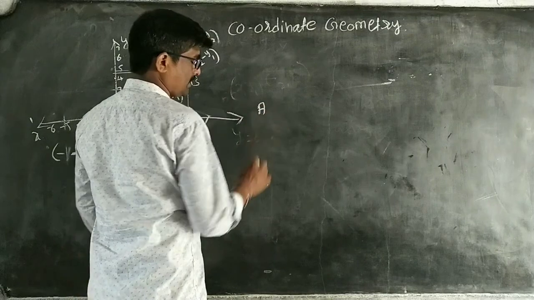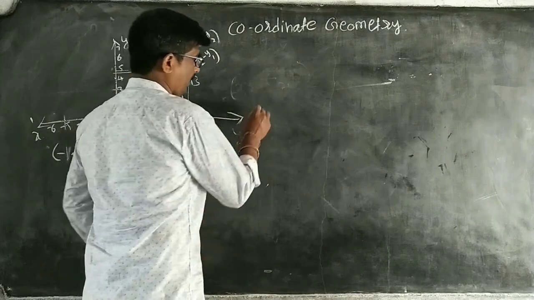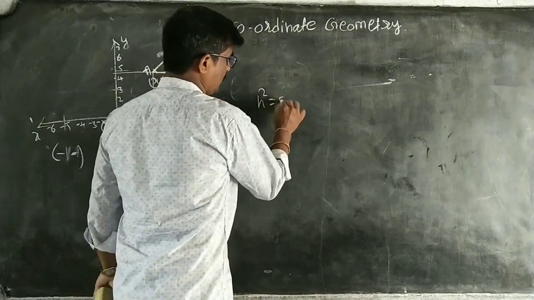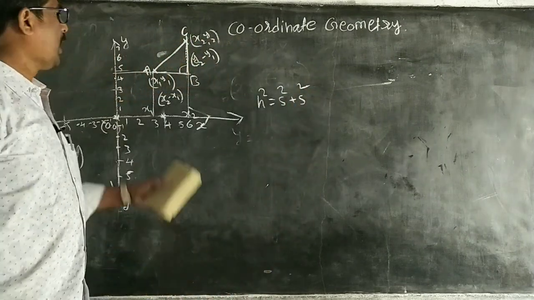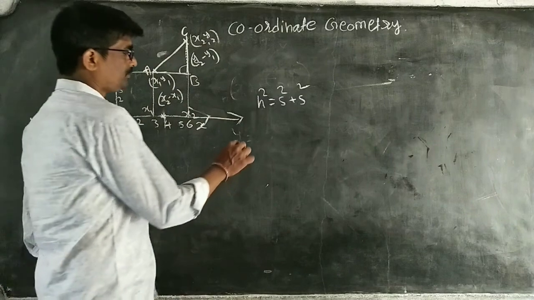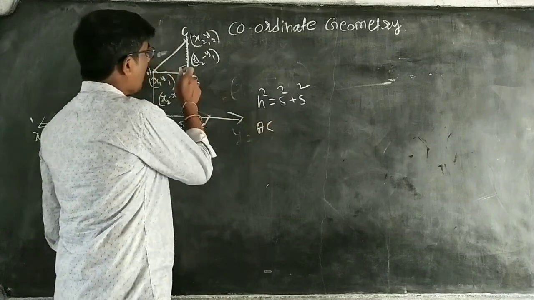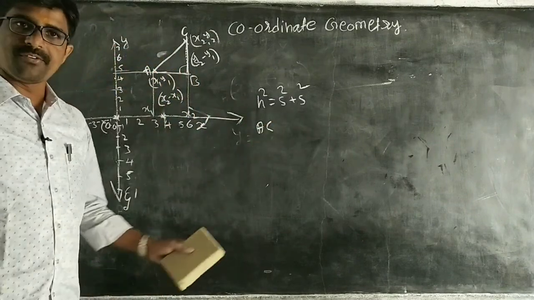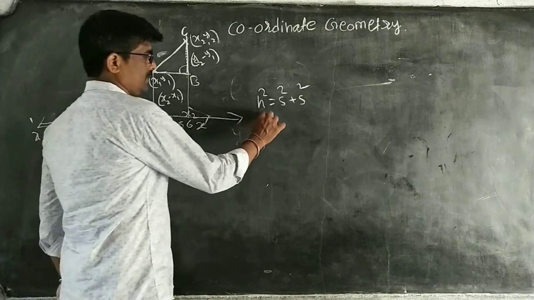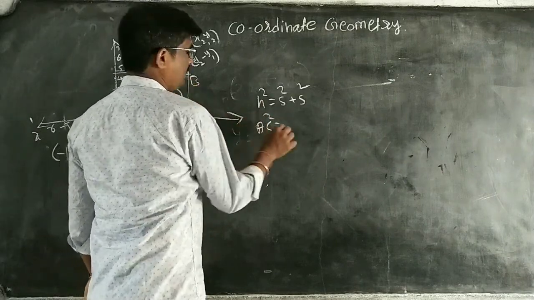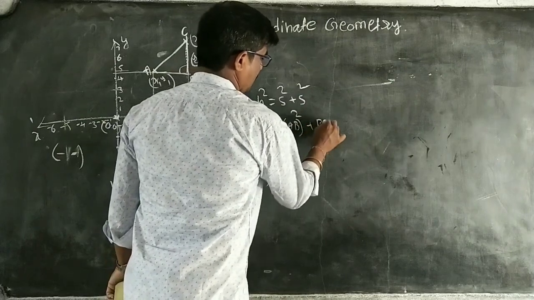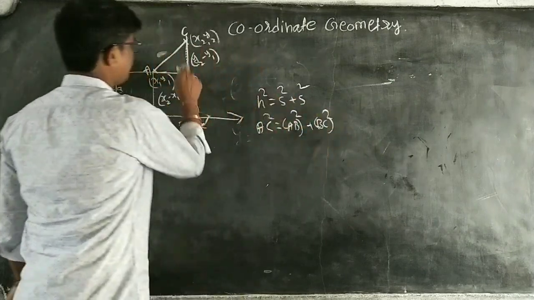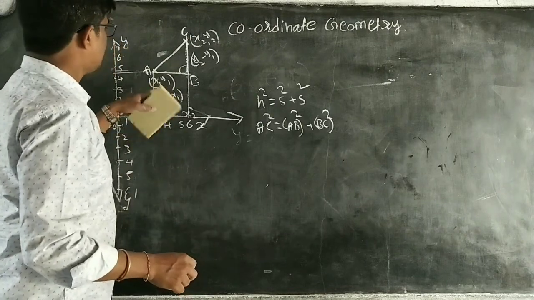In the Pythagoras theorem, hypotenuse square is equal to side square plus side square. What is the hypotenuse? The side opposite the right angle, AC. AC square is equal to AB square plus BC square. AB means here to here.